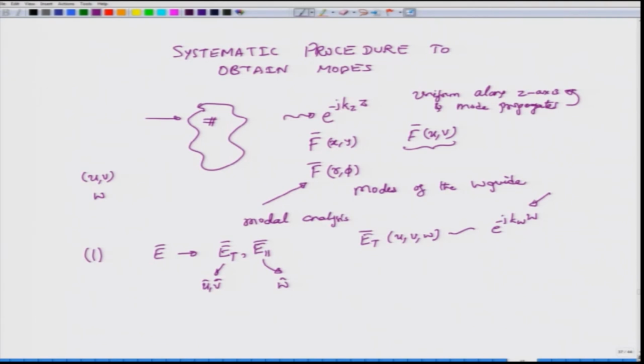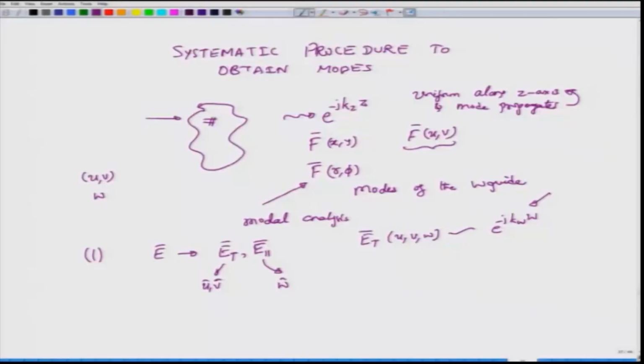So, all the components of the electric and magnetic fields can be separated into transverse components and the longitudinal component, and each of those by themselves can be a function of all three coordinates u, v and w, but along w, which is the direction of the waveguide, we impose a very specific functional form, which is e power minus j k w times w.